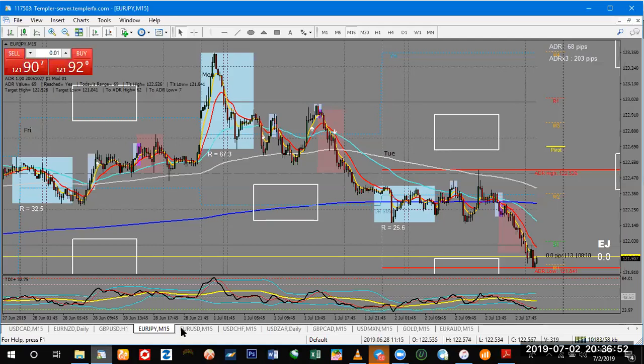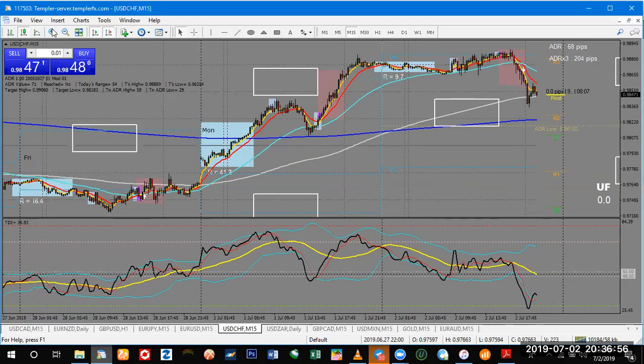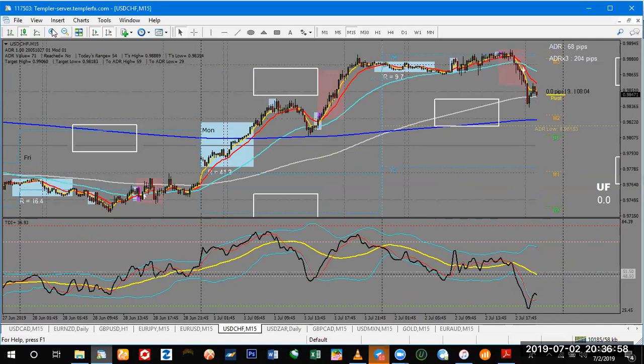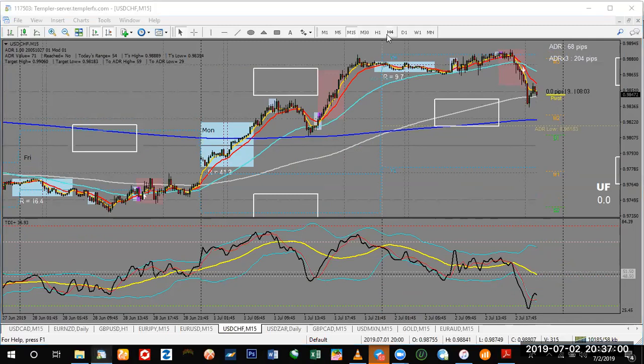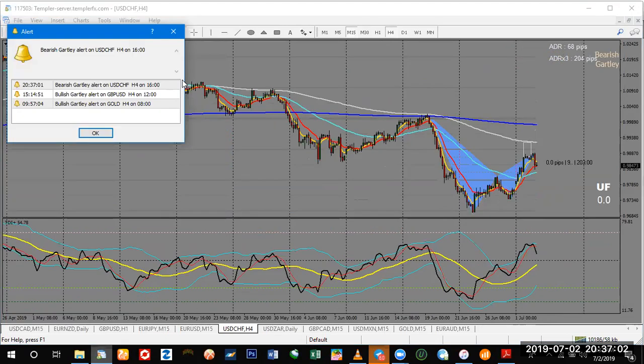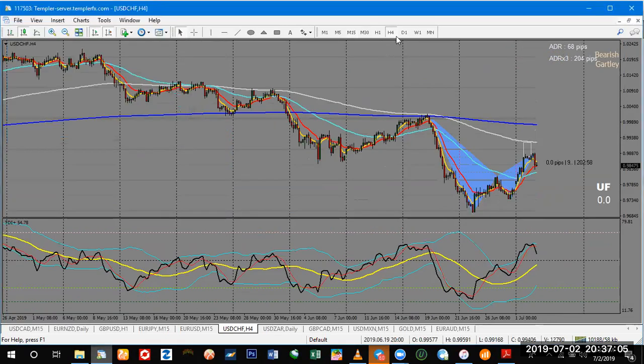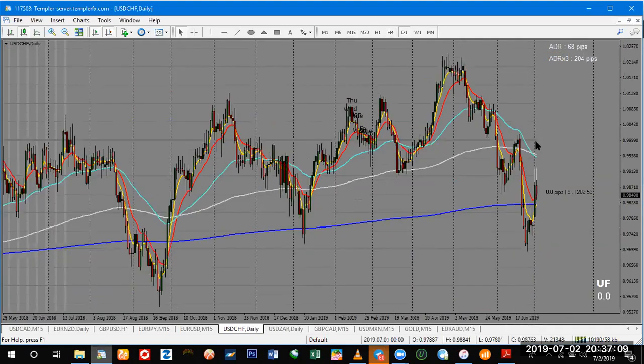Swiss franc. So on our template, we have what we call the price line grids.